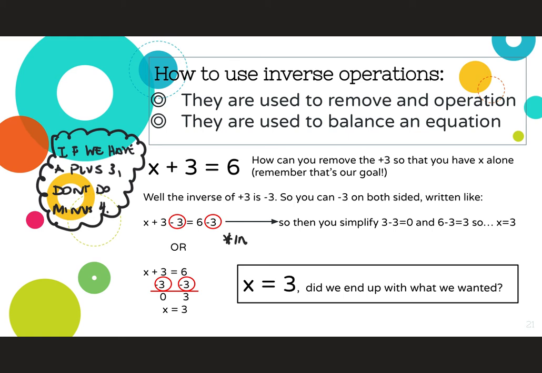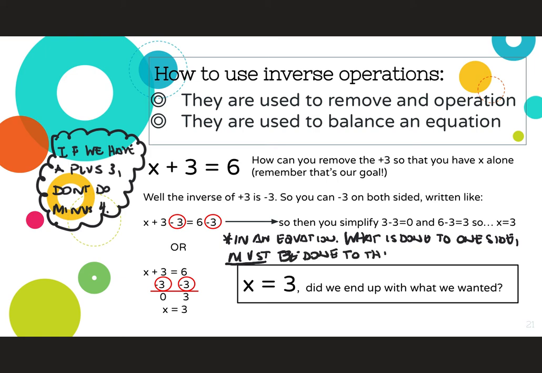Side note, in an equation, what is done to one side must, not should, not it'd be nice if we did, it has to be done, must be done to the other. In this case, if we do a minus 3 on the left side, we've got to do it to the right side.